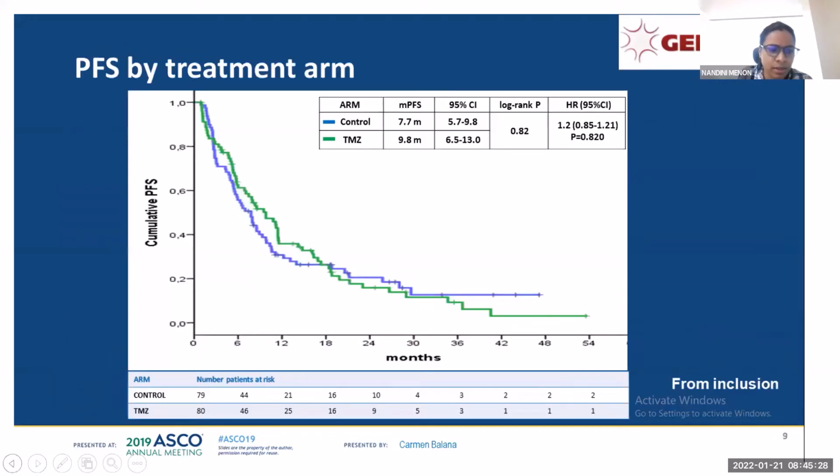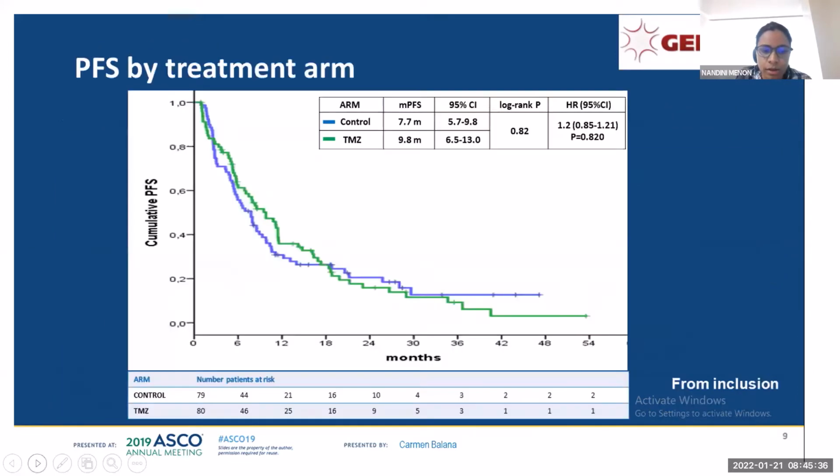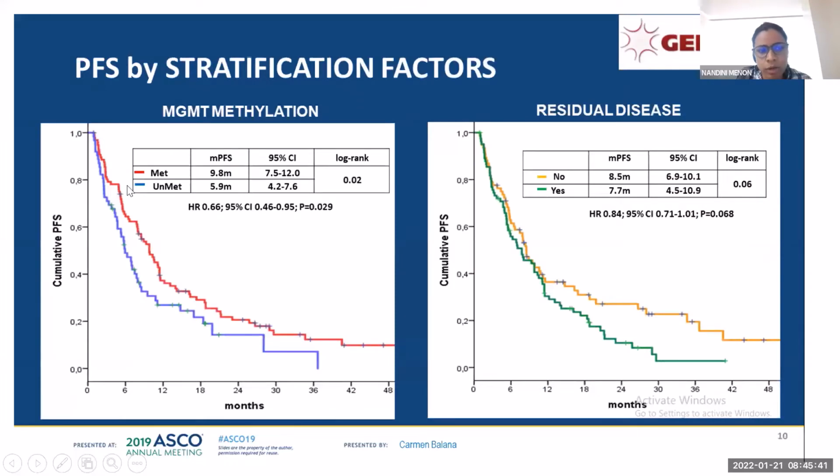This is one of the studies which looked at patients who received extended temozolomide beyond the standard 6 cycles of adjuvant therapy, to look for improved outcomes, and there was no benefit specifically. Overall, patients who had MGMT methylation did better, and patients without residual disease did better, which goes to show that in newly diagnosed glioblastoma, both the extent of surgery and MGMT methylation are important prognostic factors.